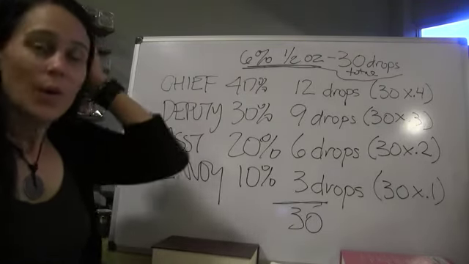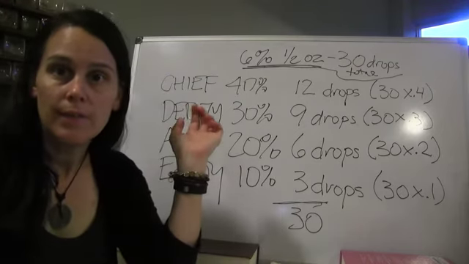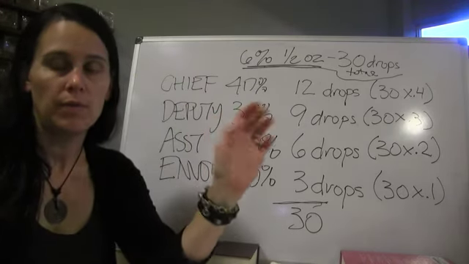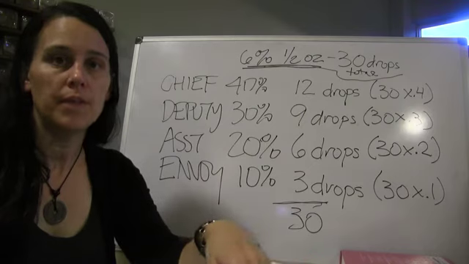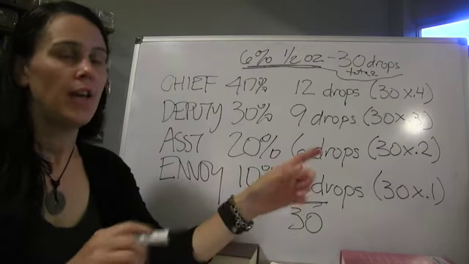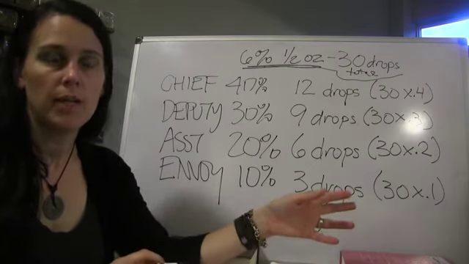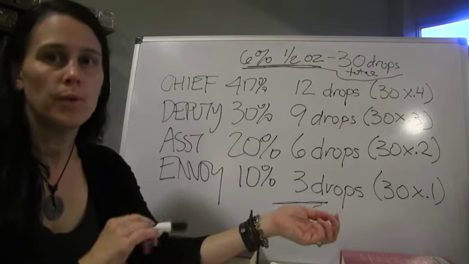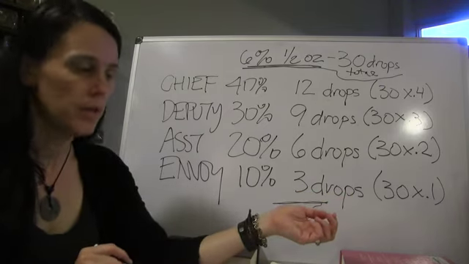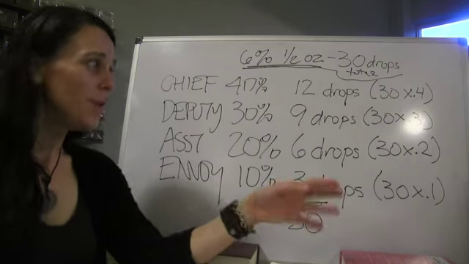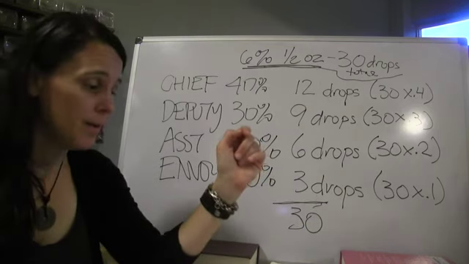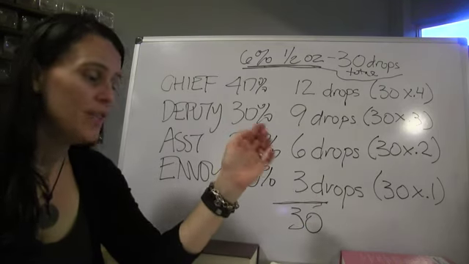So if this isn't seeming super clear to you right now, don't worry. We're going to keep going over this, and when we apply it to actual case studies and actually making formulas, it's going to get more and more clear as we go through the course. And it seems like kind of a lot of work, but it's really worth it.